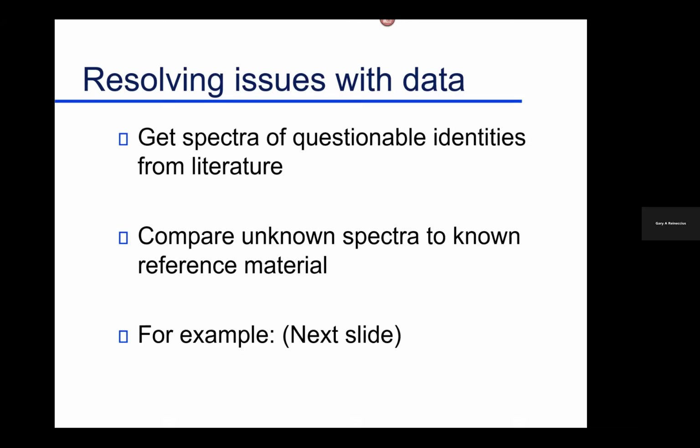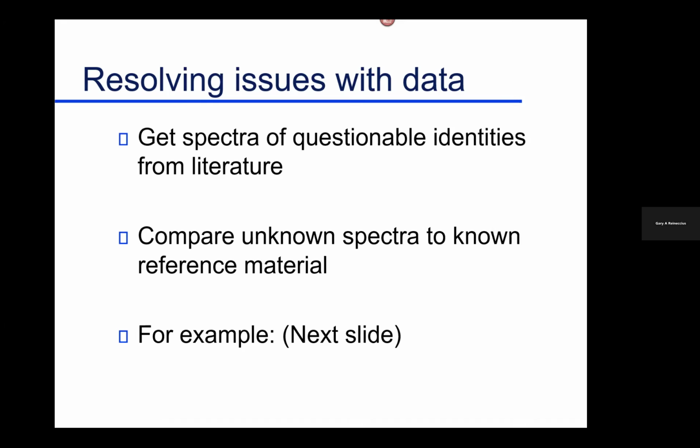Resolving issues with data. It's amazing what you can find in the literature. You may be interested in looking for a certain chemical compound, a flavor compound, a toxic compound, whatever. You can go to the literature and find a great deal. You can find spectra of that compound. You can find a retention index.